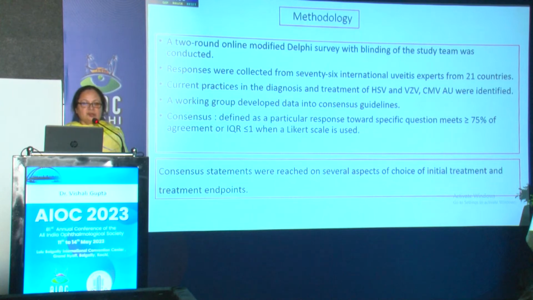We collected responses from 76 international uveitis experts from 21 countries, chosen for having more than 15 years of experience in managing uveitis. Current practices in diagnosis and treatment were identified. The working group developed the data into consensus guidelines, and consensus was defined as more than 75% agreement with an interquartile range of less than 1.